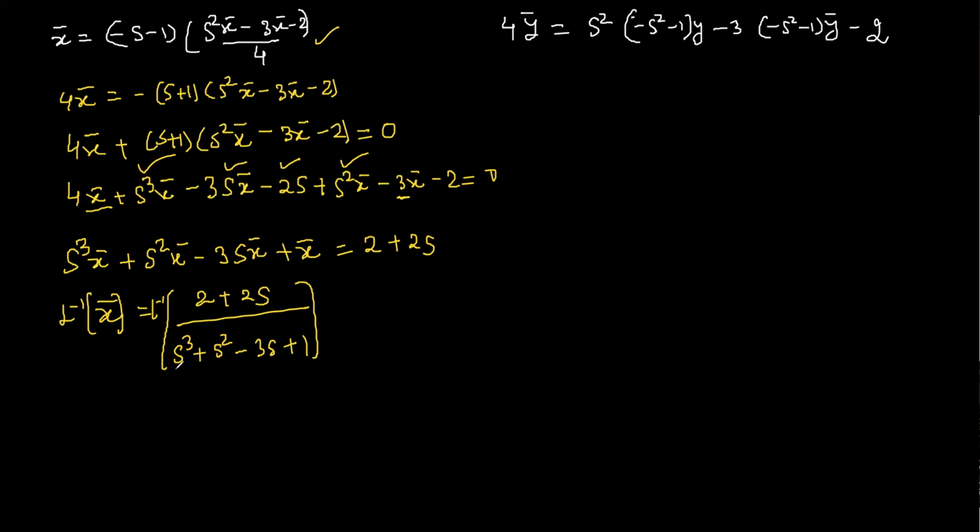A factor is possible because when you put 1, it becomes 0, right? So one factor is s minus 1. Divided by s minus 1, you will get, right?